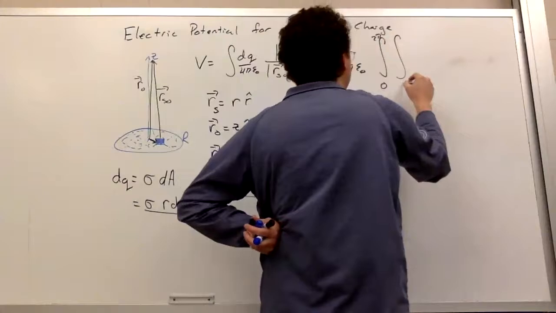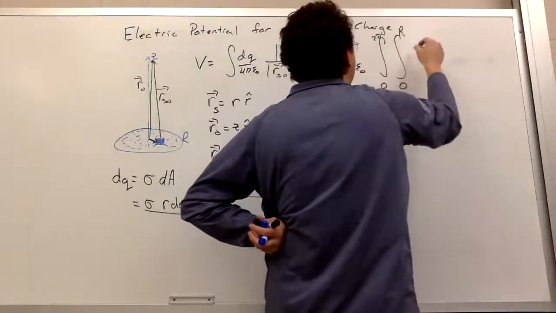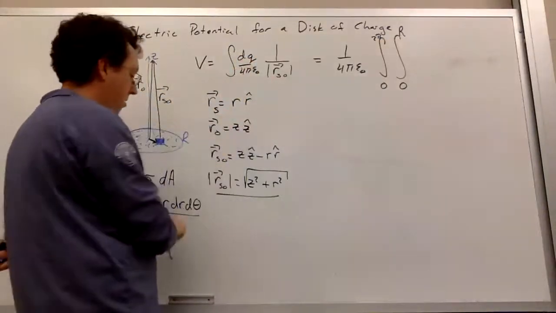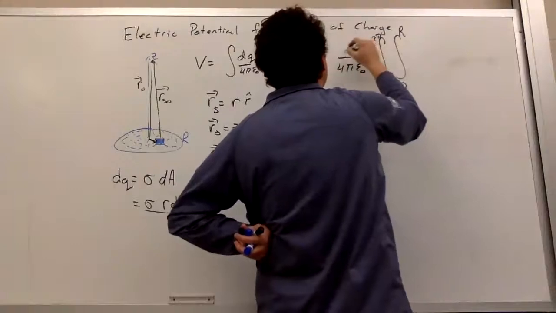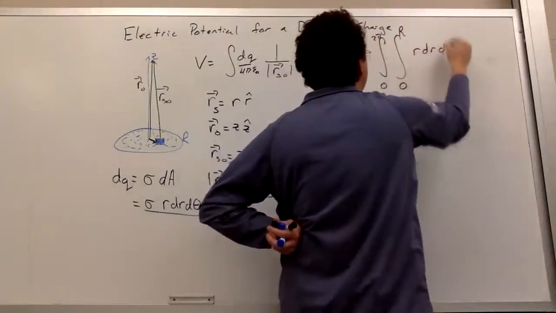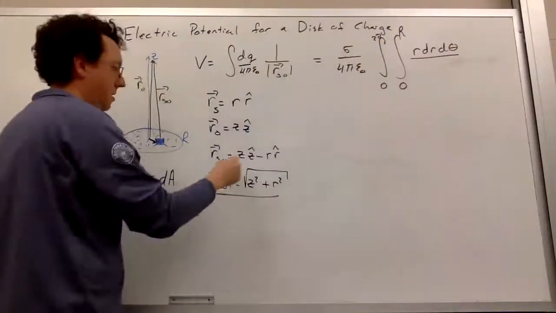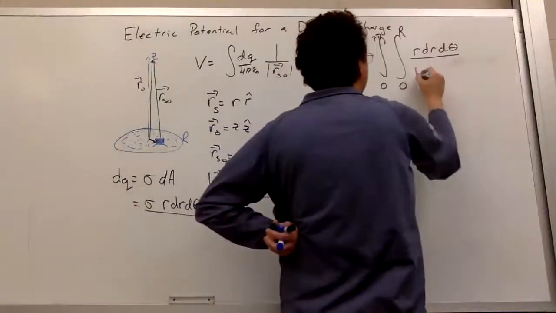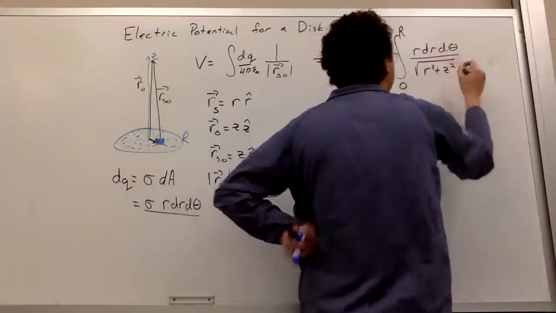The radius integral goes from 0 to big R. My dq gives me sigma r dr d theta. Sigma pulls out if we assume it's constant. Then r dr d theta divided by the square root of r squared plus z squared.